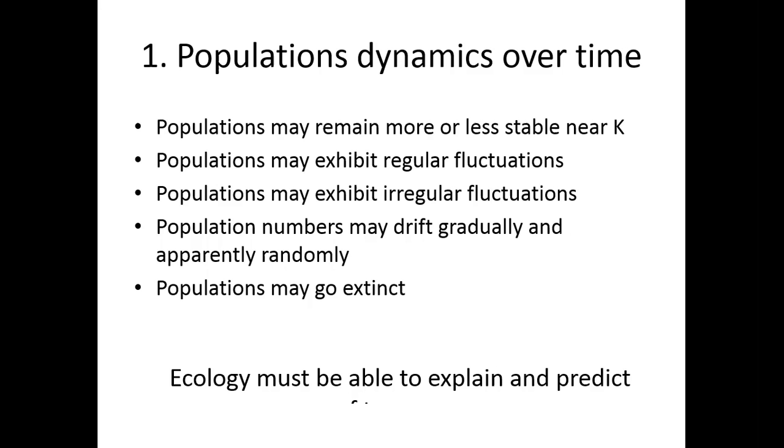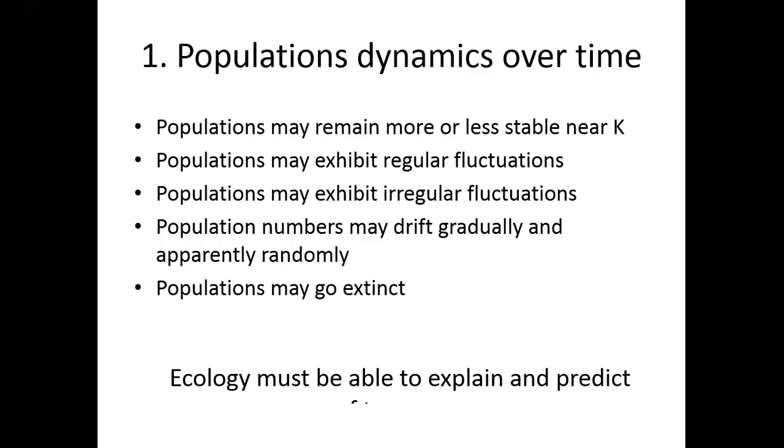Finally, you may realize that the model that we came up with last time, the logistic population growth model, doesn't allow for extinction. And yet we know the populations go extinct. So we need to be able to have ways of modeling all of these things in order to have a satisfactory understanding of nature.